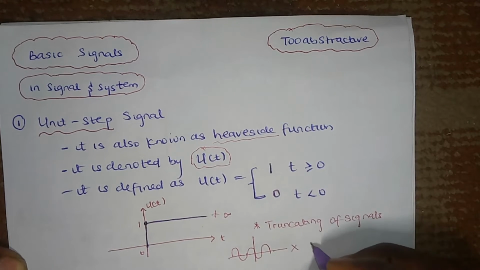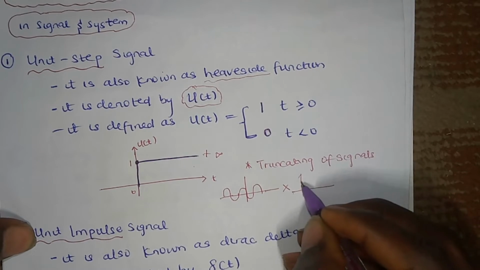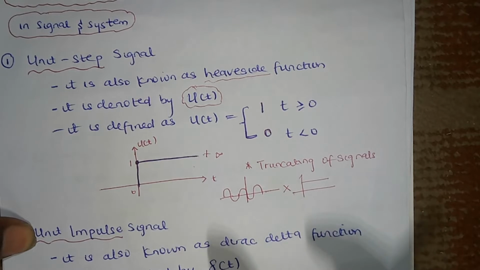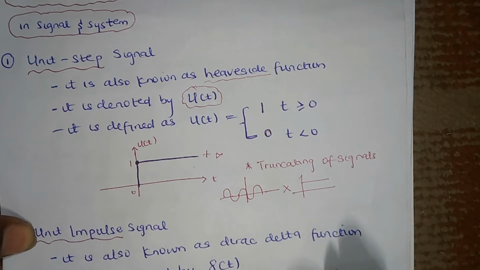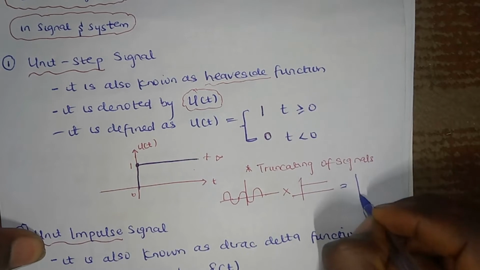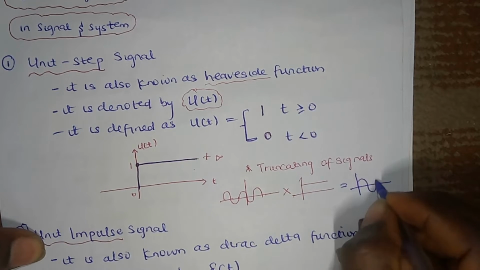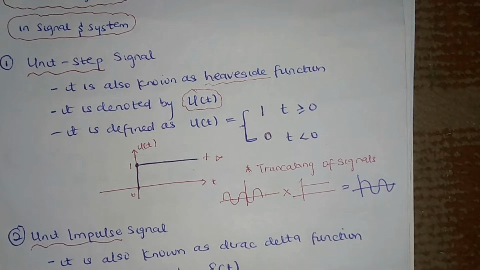By mixing it with a unit step, because from the word unit it has a magnitude of 1, it isn't going to affect the signal. Actually, we are just mixing it with something of unity, and the response we are going to get will be a signal only in the positive region. You get it? We neglect the signal in the negative region. You see the way it works? That's one of the use cases of the unit step.